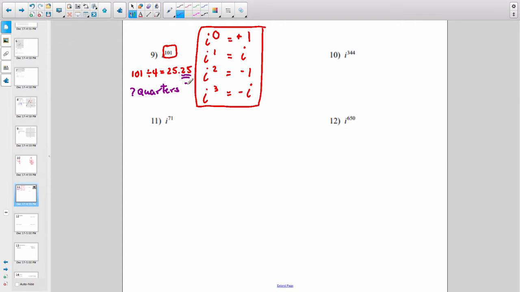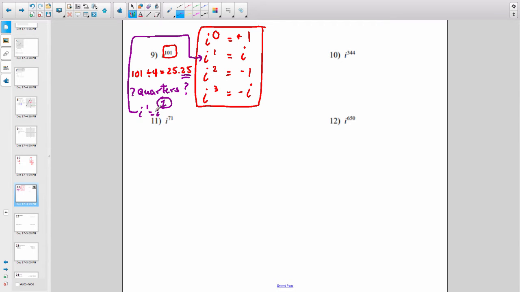Like if you had quarters in your pocket, and you had 25 cents, how many quarters do you have? You have 1. So that answer 1 is now your equivalent I. So I to the 101 is the same as I to the first. You have to go to your I chart now and say, hey, what are you if you're I to the first? Well, in this case, it's the simplest. You're just I.